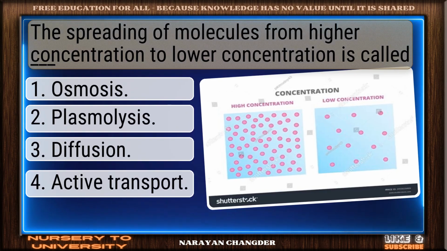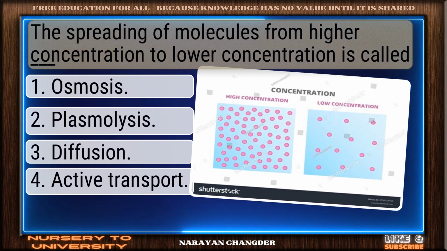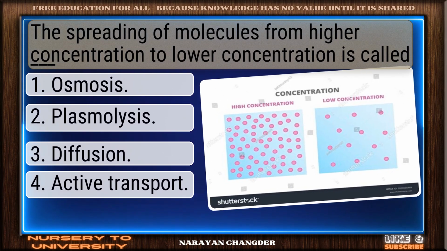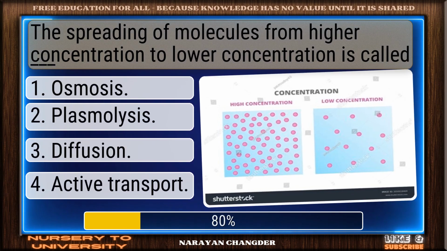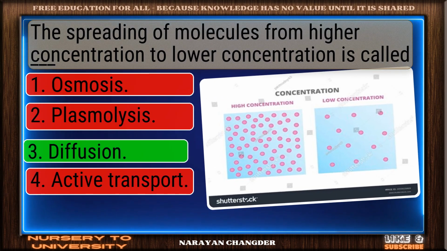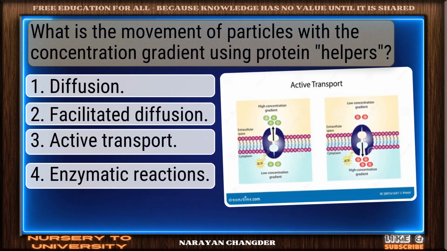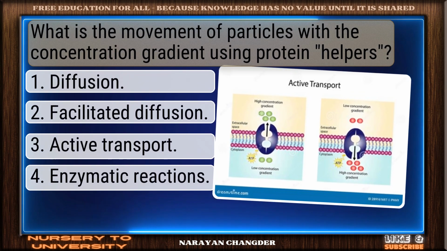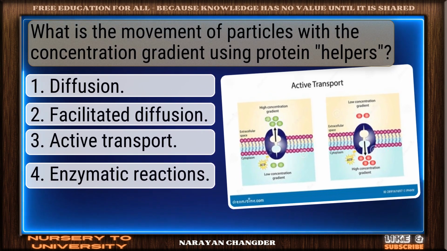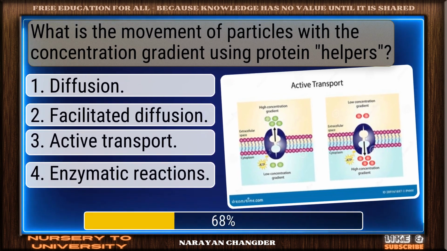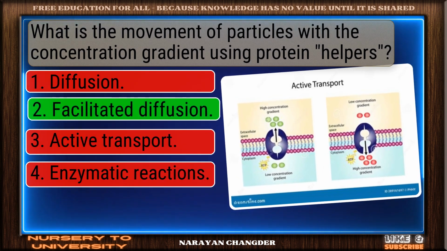The spreading of molecules from higher concentration to lower concentration is called dash. Smart move. Diffusion is an accurate answer. What is the movement of particles with the concentration gradient using protein helpers? Clear logic.